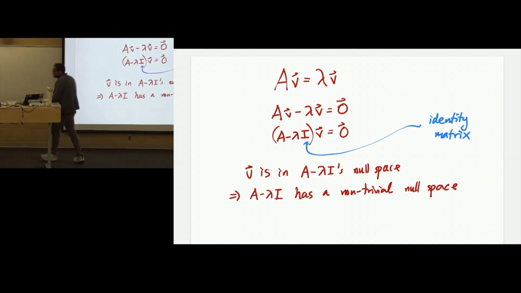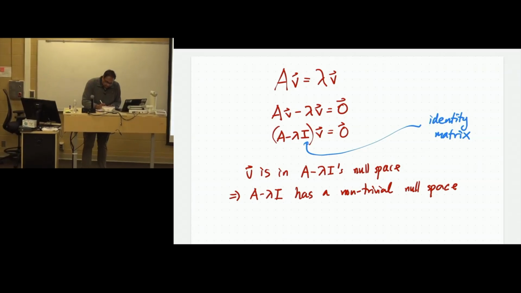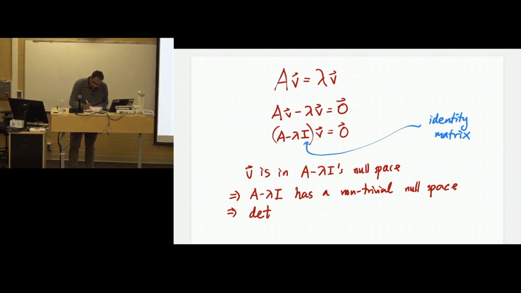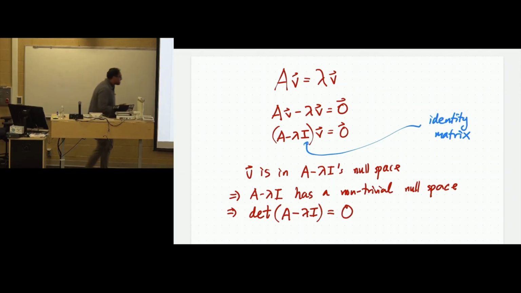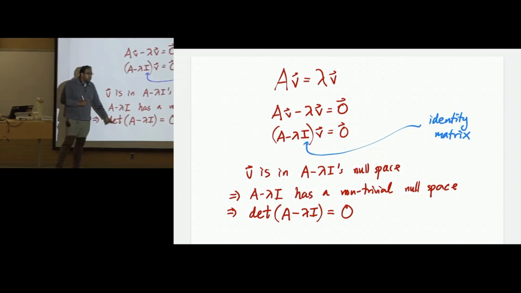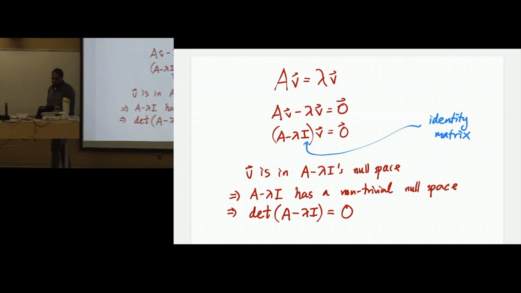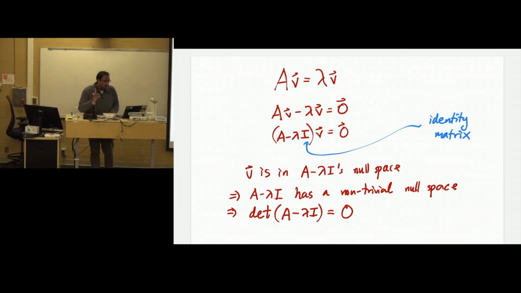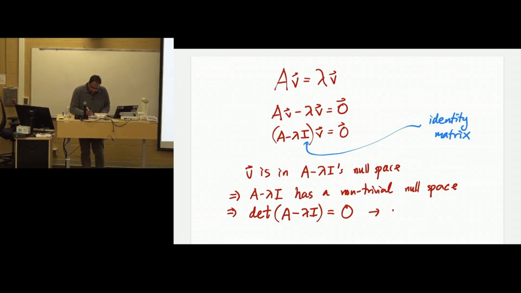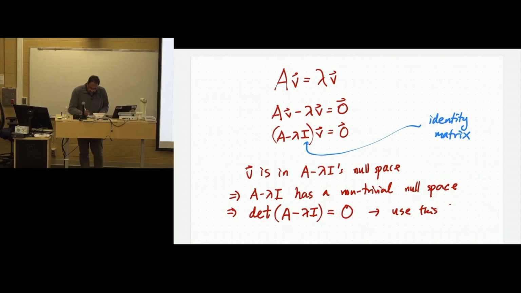So what this means is that the determinant of A minus lambda I is 0. What this gives us is an equation that doesn't involve the V's, it doesn't involve the eigenvectors, it just involves the eigenvalues. And we can use this equation to solve for the eigenvalues. Use this to find the lambdas.